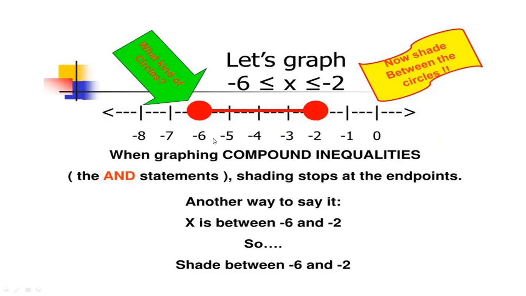The numbers from minus 6 till minus 2 are involved. This means minus 6 and minus 2 are elements of the given solution set, or they are included in the given solution. When graphing a compound inequality, the shading stops at the endpoints. Another way to say it, x is between minus 6 and minus 2. So shade between minus 6 and minus 2.